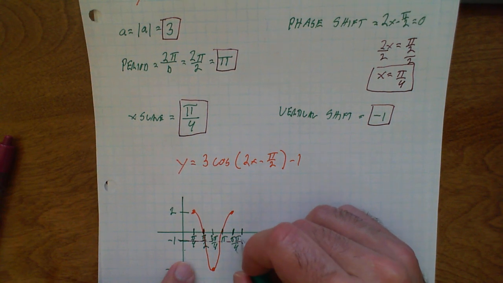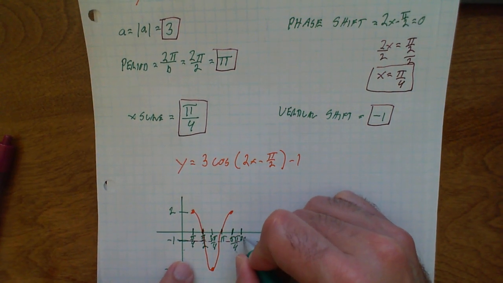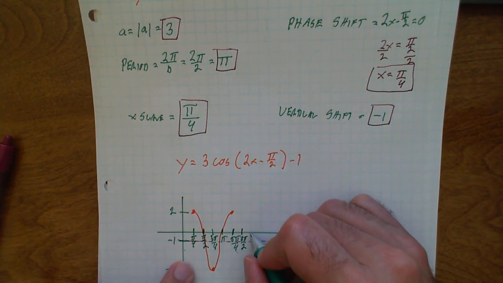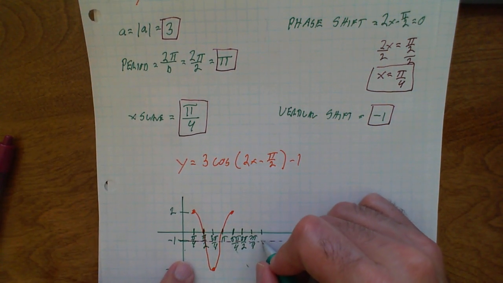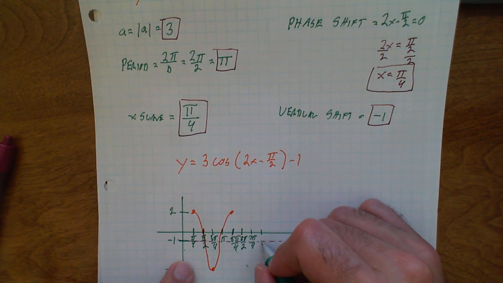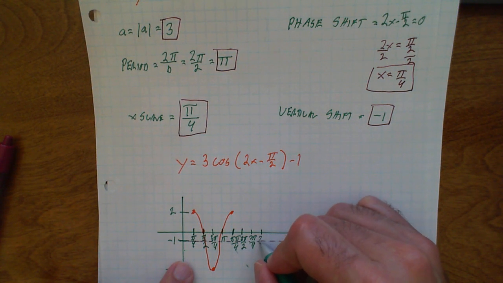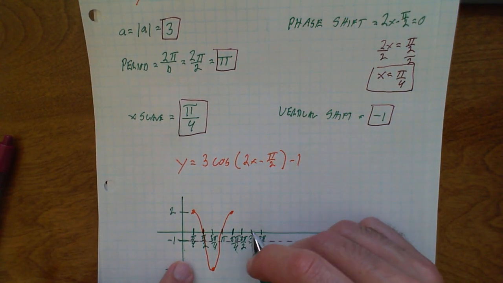So this will be 6 pi over 4, or 3 pi over 2. This will be 7 pi over 4. This will be 8 pi over 4, which will be 2 pi. And is that 5?